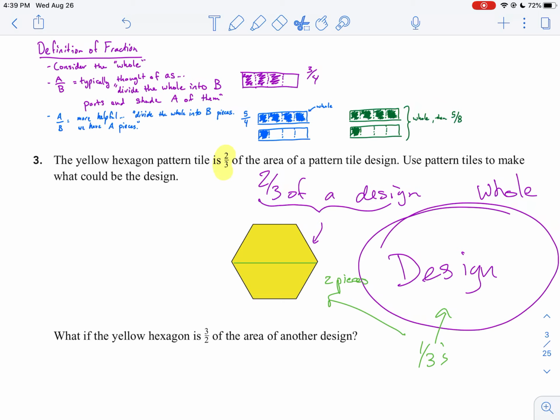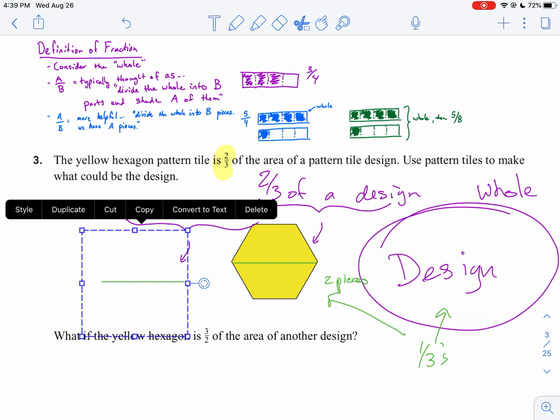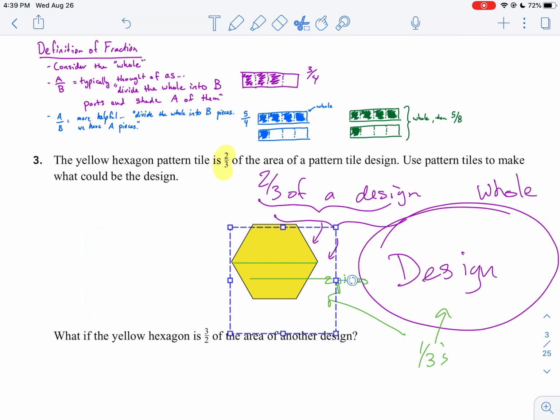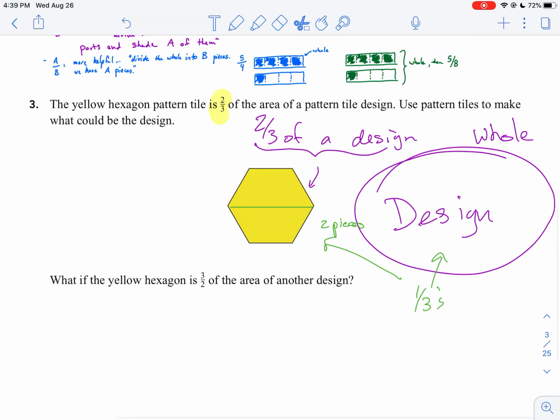And so I'm not sure if this is going to do what I want it to do or not. Yeah, it just picked up the lines. Okay. I'm going to try one other thing here. Sorry for the delay.